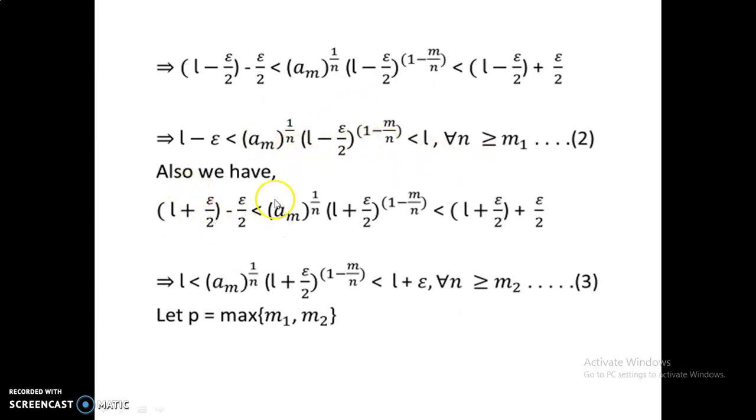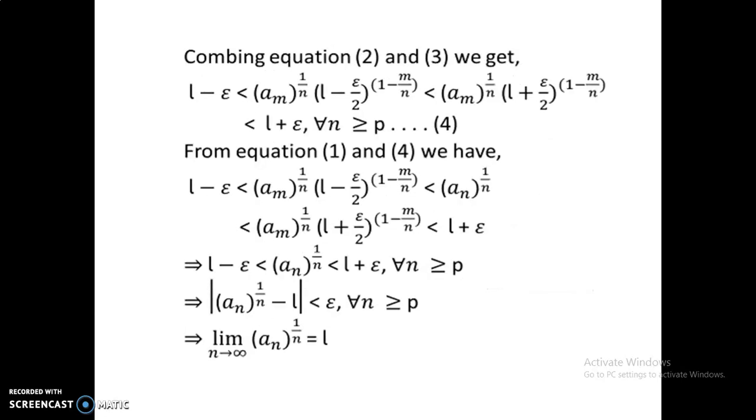Now again we have taken L plus epsilon by 2, as well as L plus epsilon by 2 minus epsilon by 2, and then we have got this one. Let us take P as the maximum of m1 and m2.